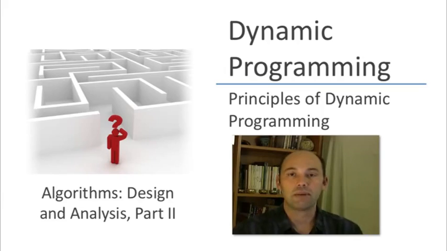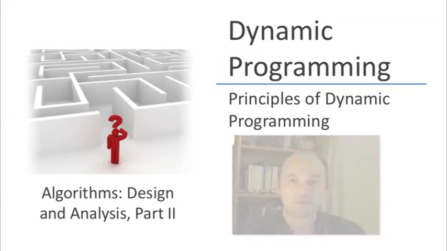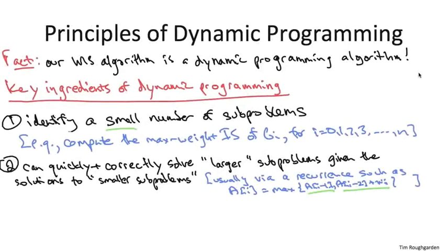We will, in the coming lectures, see many more examples. So the key that unlocks the potential of the dynamic programming paradigm for solving a problem is to identify a suitable collection of subproblems. And these subproblems have to satisfy a number of properties.